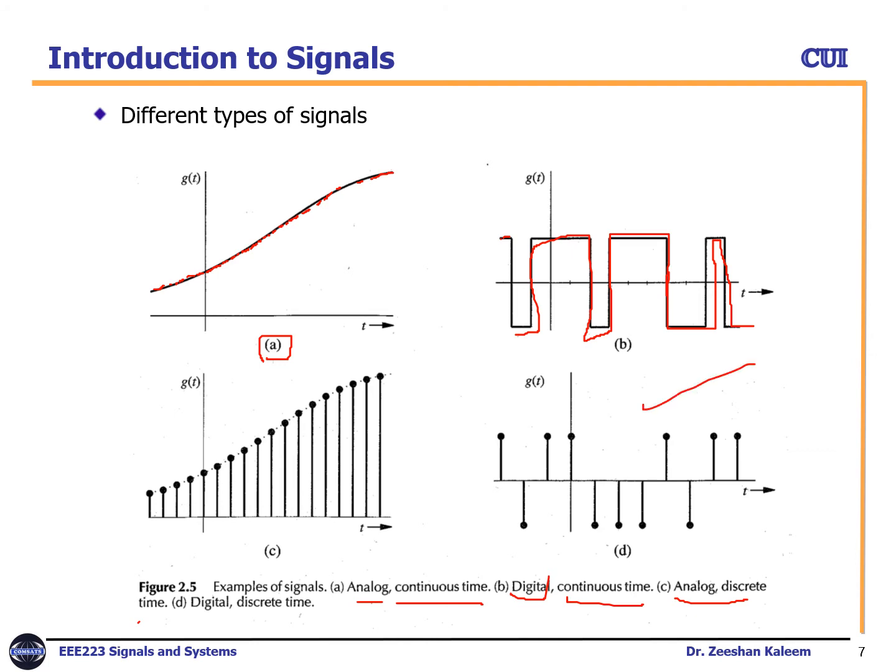The last one is digital, because there are levels, and discrete. Digital means the levels are there, and discrete always means we are taking at some time instants. This was analog in nature, but we are taking it at some time instants, not continuously, so it is called discrete. So these are the four different types of signal.